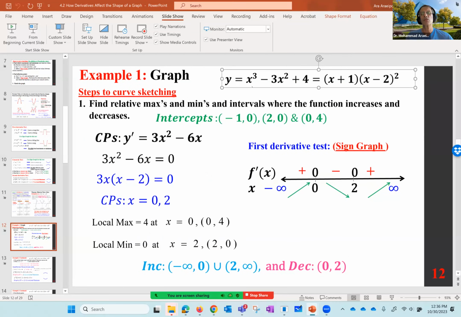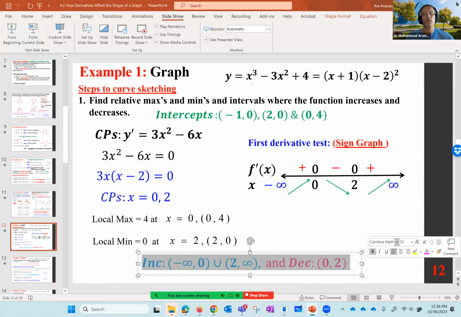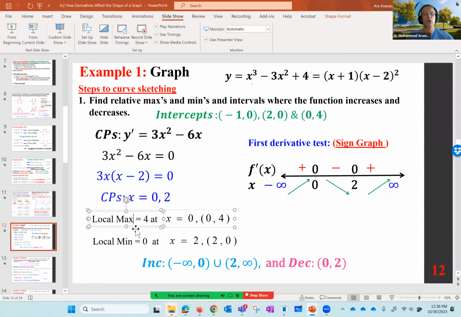We graphed this using prior knowledge of mathematics. Then we added information from calculus, so the graph became more detailed. First, we found CPs. We did the first derivative test, and we found where the function is increasing, where the function is decreasing. We found local max as well as local min.